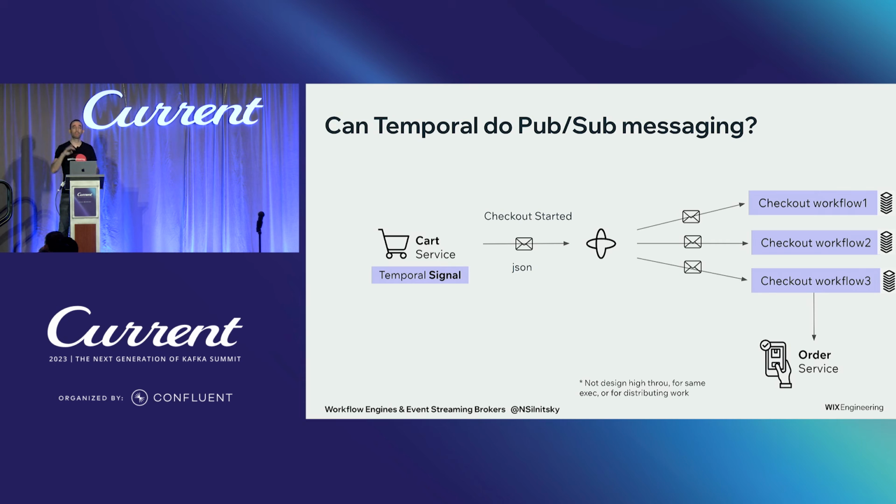So it's more explicit than the way you do it with Kafka, where you just produce an event, and you don't care if anyone is even going to consume it. And it's not designed for high throughput in cases where you need to keep signaling the same workflow execution. And it also has a pretty small limit on the amount of distributed work that you can do for the same specific workflow execution.